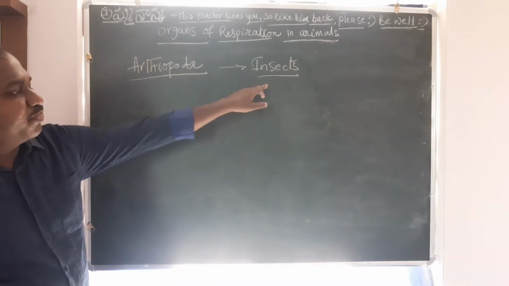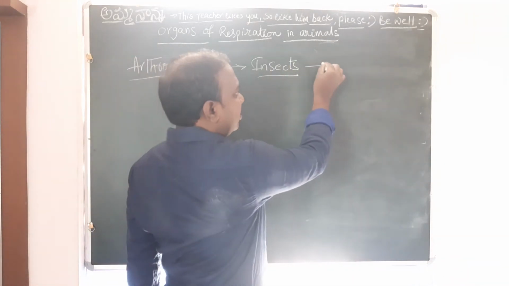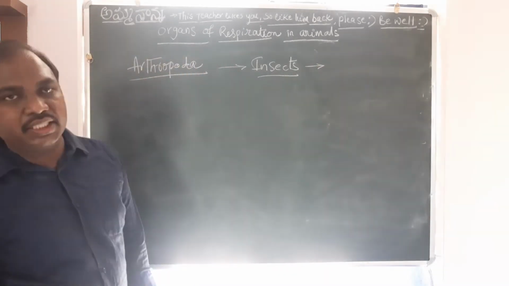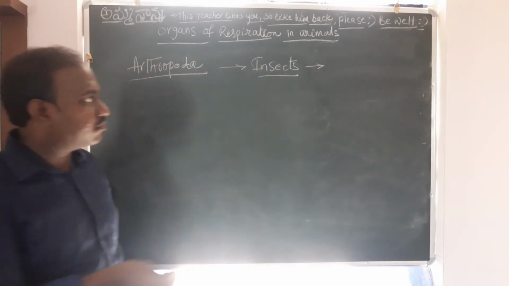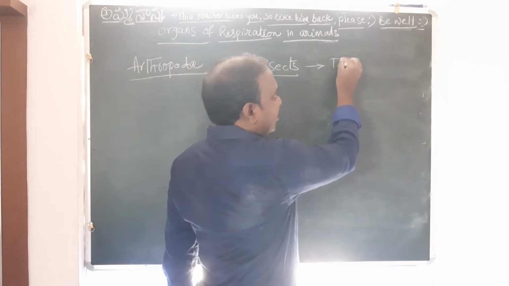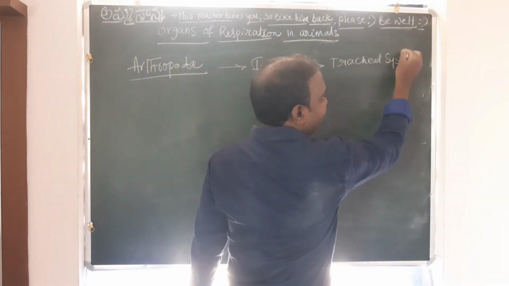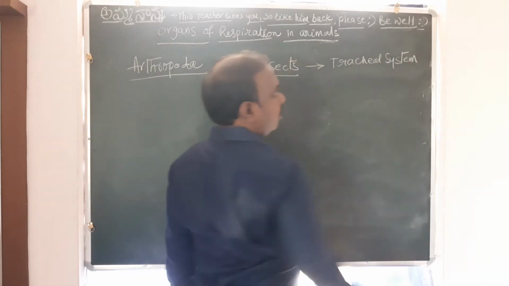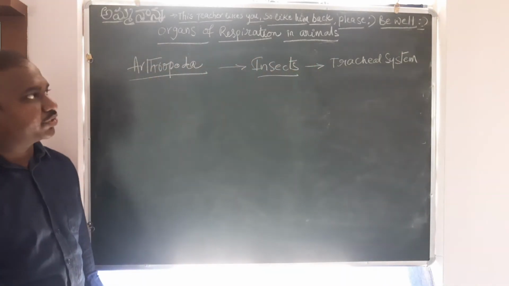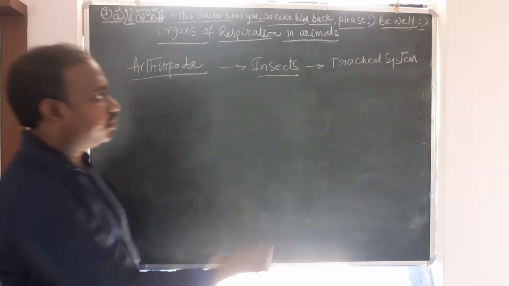In insects, we have a specialized tubular respiratory system called the tracheal system. What is the tracheal system?